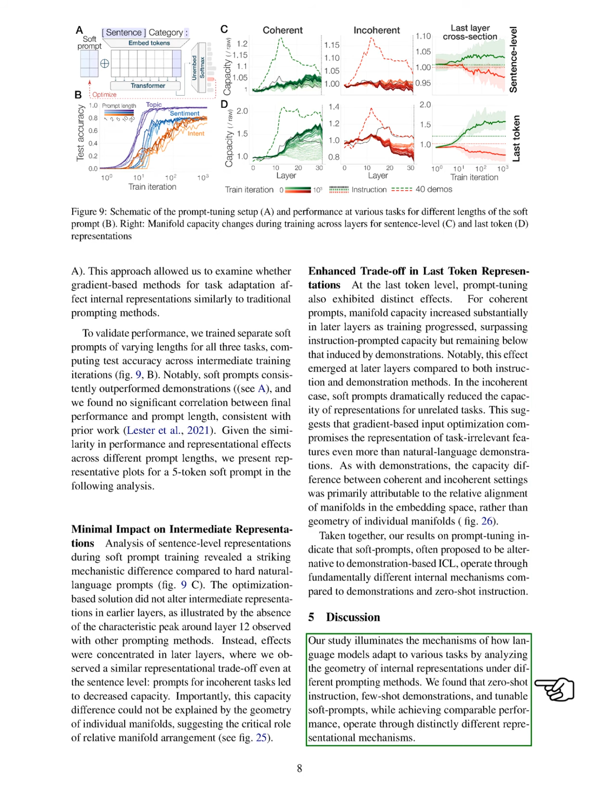In our discussion, we highlighted how language models adapt to various tasks by analyzing the geometry of internal representations under different prompting methods. We found that zero-shot instructions, few-shot demonstrations, and soft prompts achieve comparable performance but operate through different mechanisms.